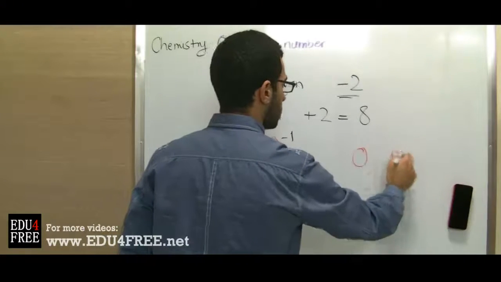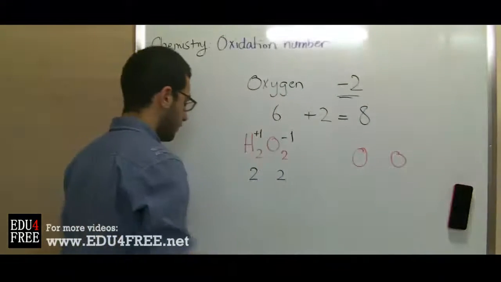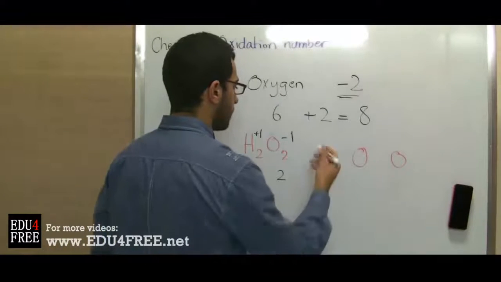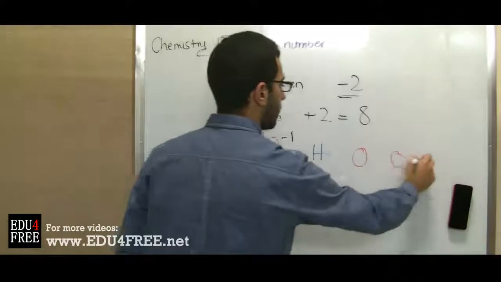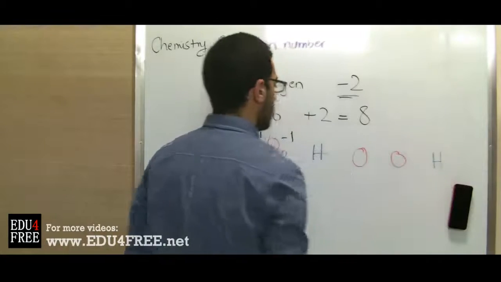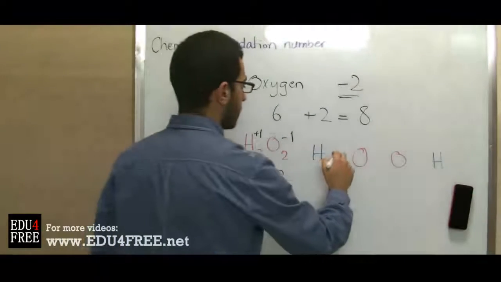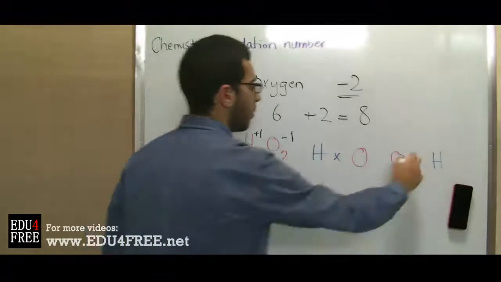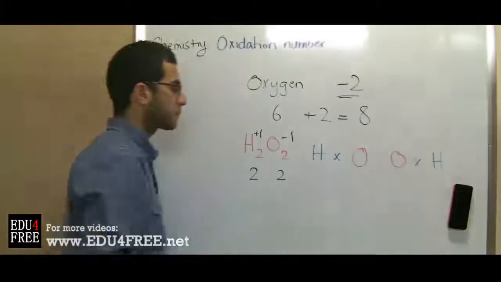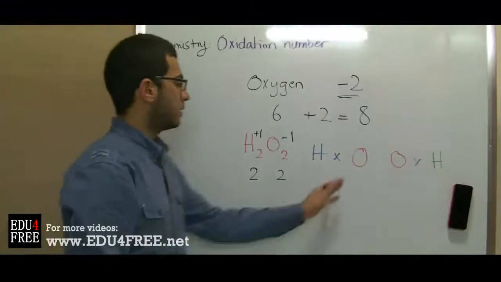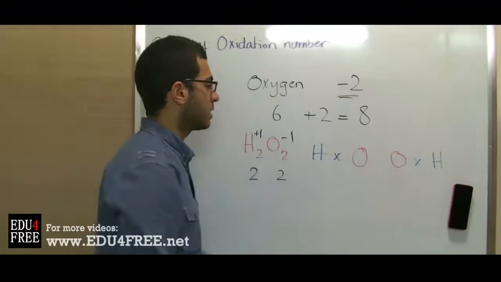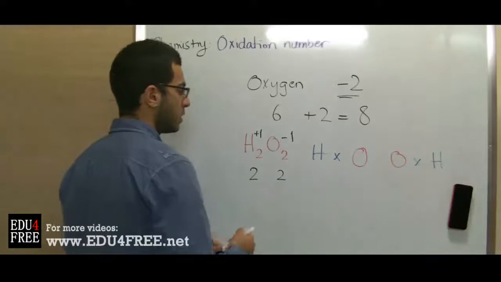We have 2 oxygen atoms, and we have the hydrogen atom. Now the hydrogen atom shares 1 electron, and each of the oxygen atoms contains 6 electrons at the outermost energy level.